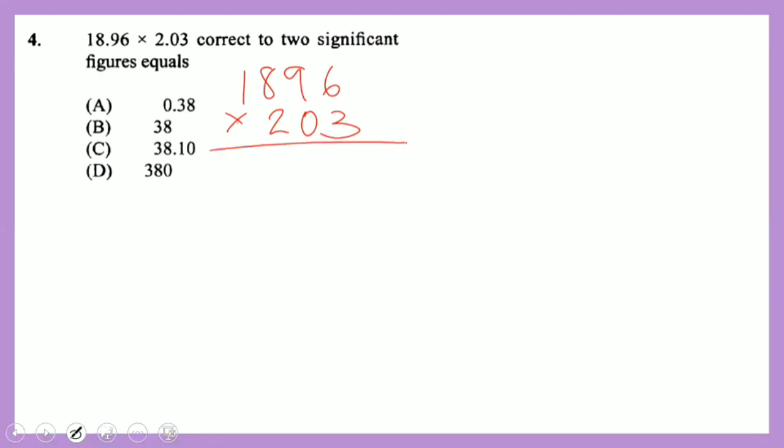All right, 3 6s will be 18, 3 9s 27 plus 1, 28. 3 8s 24, 25, 26. And then 3 1s 3 plus 2, that is going to give us 5.